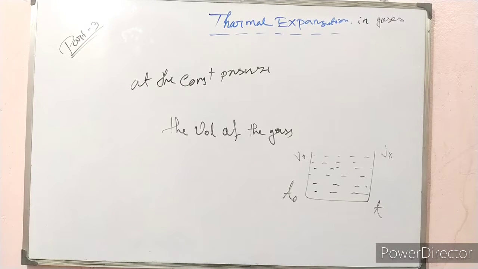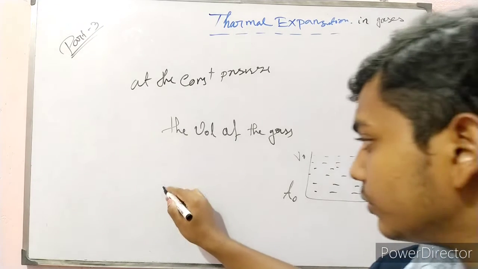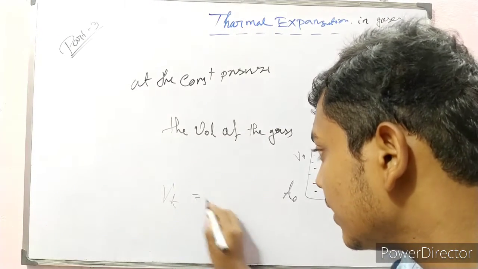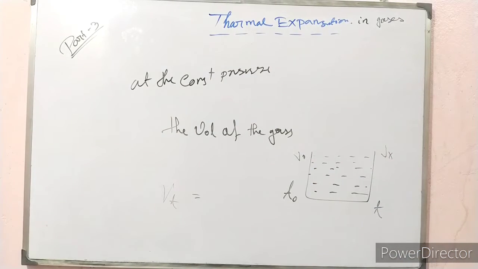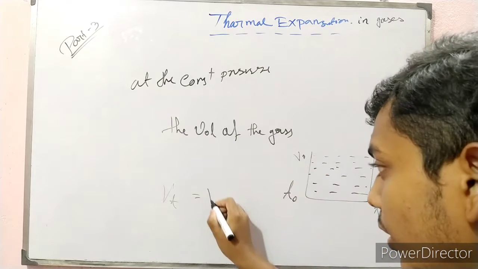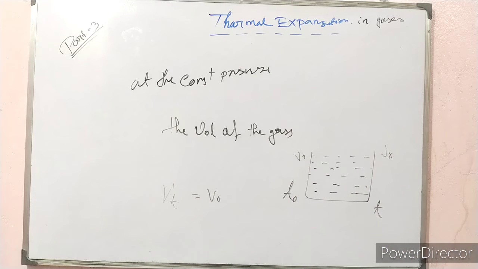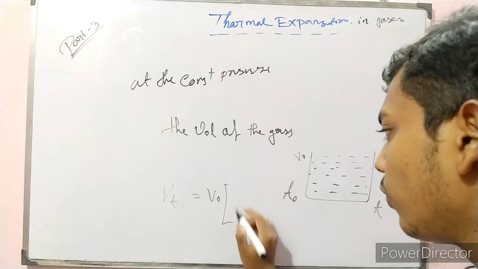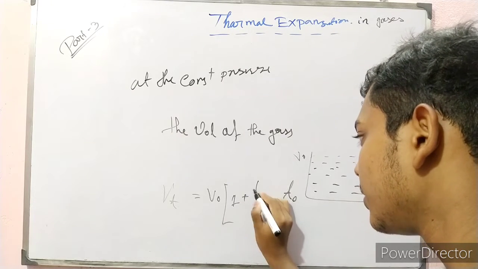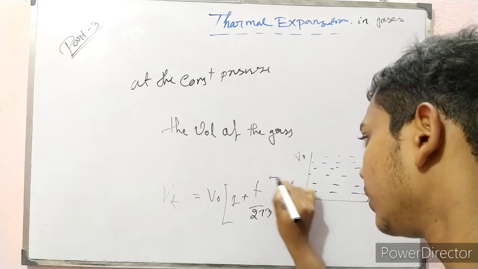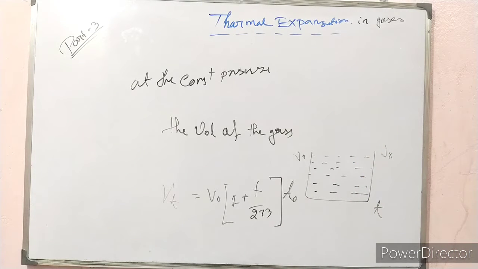So we can write that Vt is equal to V naught into 1 plus T by 273.